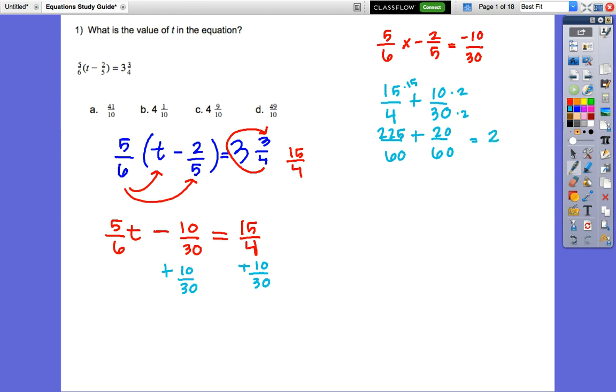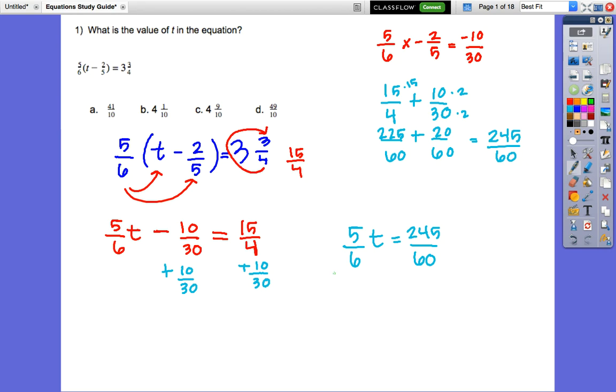So I get 245 over 60. So I get that 5/6t equals 245 over 60. That's the step I'm at right now.